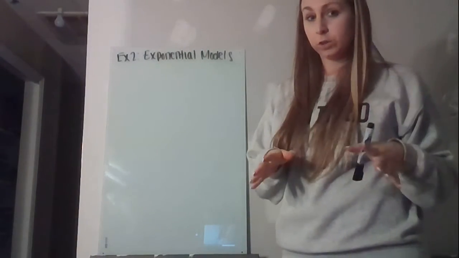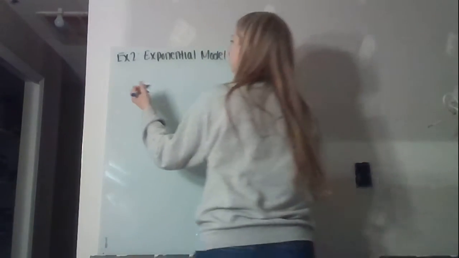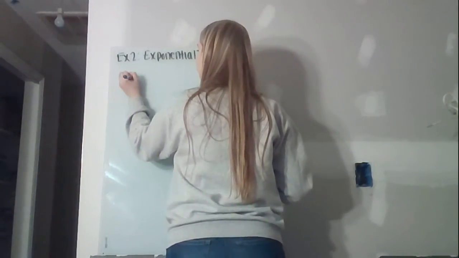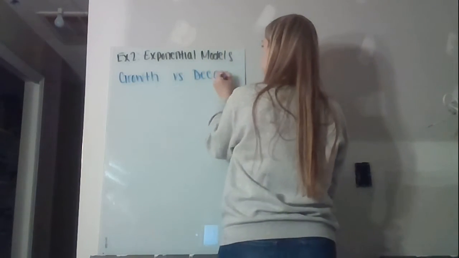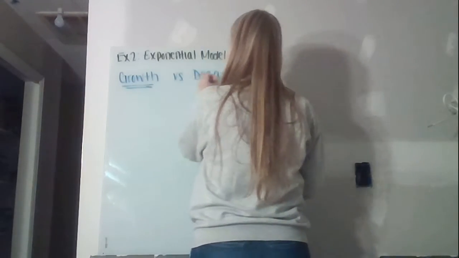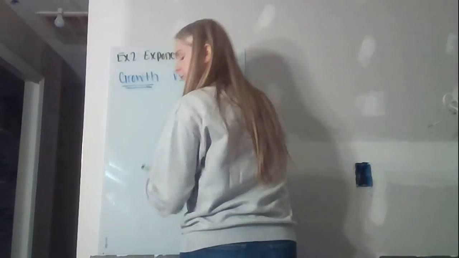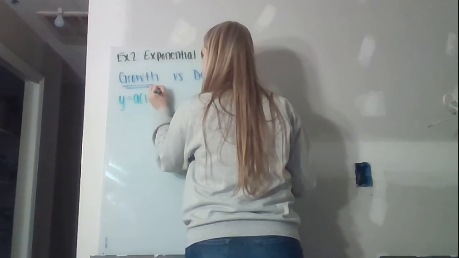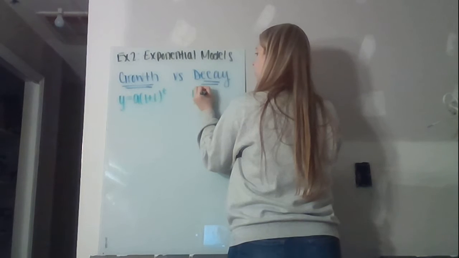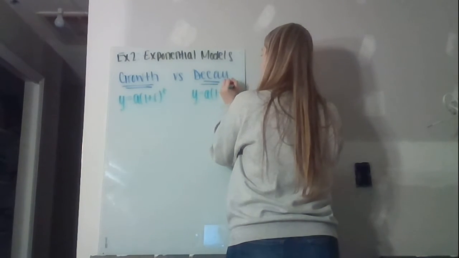All right, so this is probably the most important one and the one you'll see the most, and you did definitely do this one in Algebra 1. So we have growth versus decay, and our growth formula is y equals a(1 plus r)^t, and the decay formula is y equals a(1 minus r)^t.